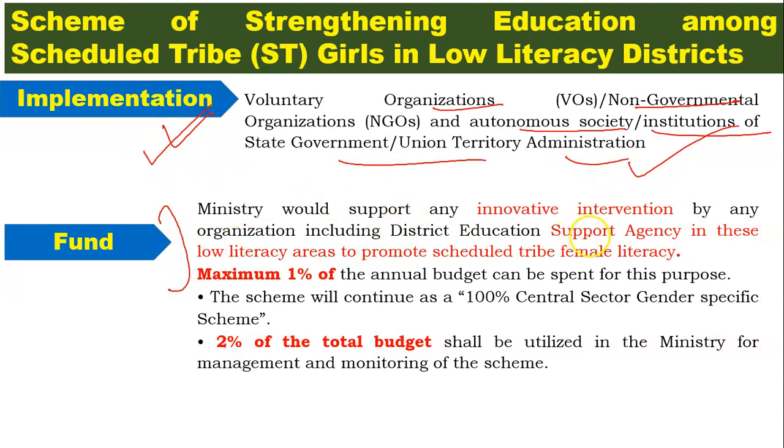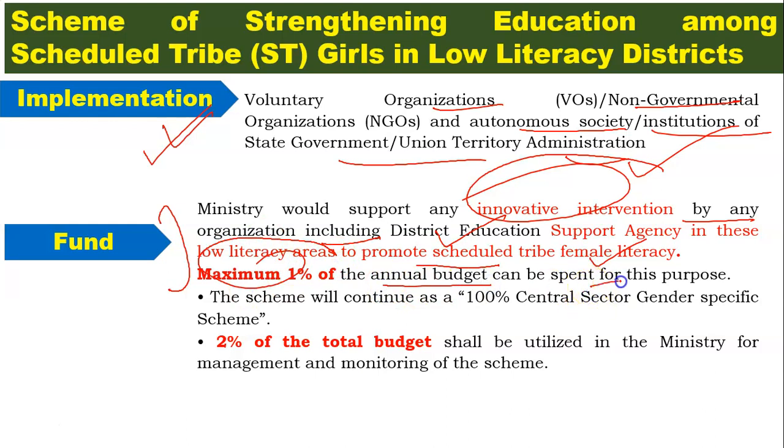The ministry would support any innovative intervention by any organization, including district education support agency, in these low literacy areas to promote scheduled tribe female literacy, and a maximum of 1% of the annual budget can be spent for this purpose, right? And purpose means innovative intervention.